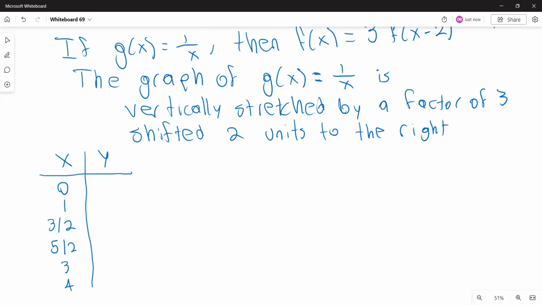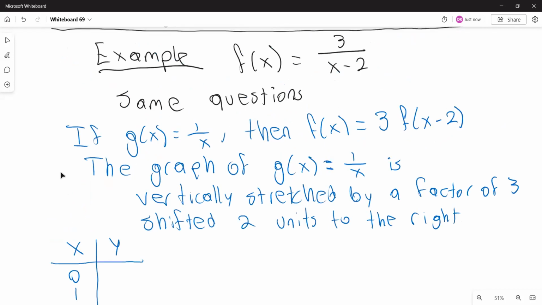And 2 plus 2 is 4. The y values are going to be the same as before, except vertically stretched.